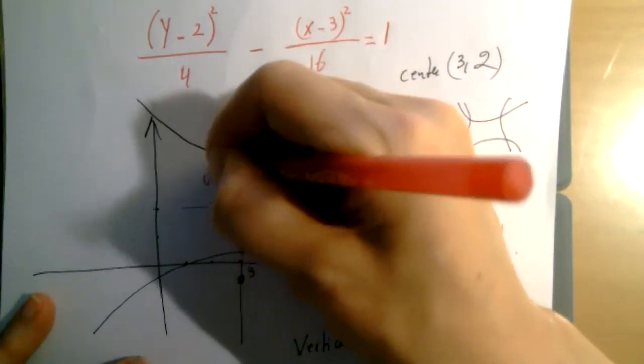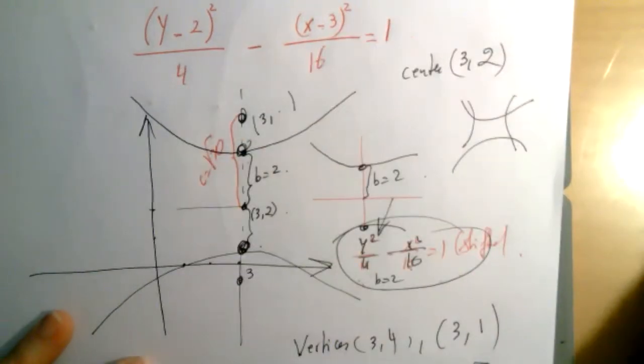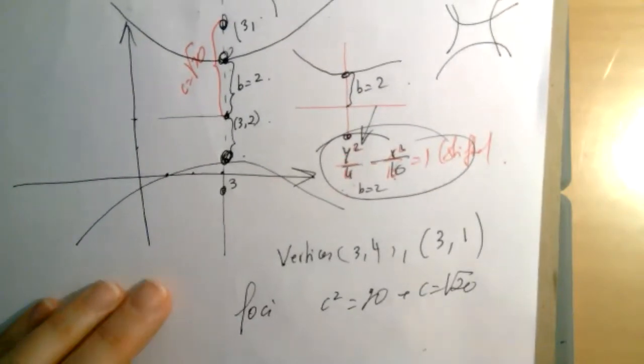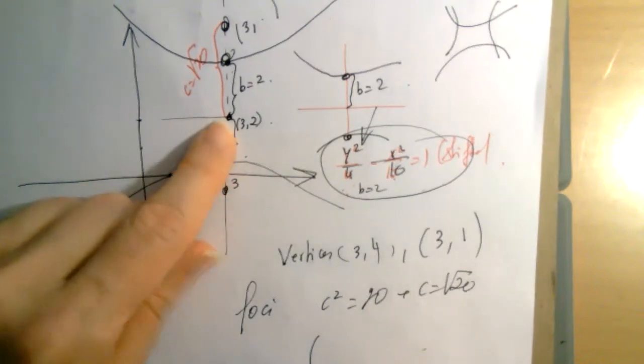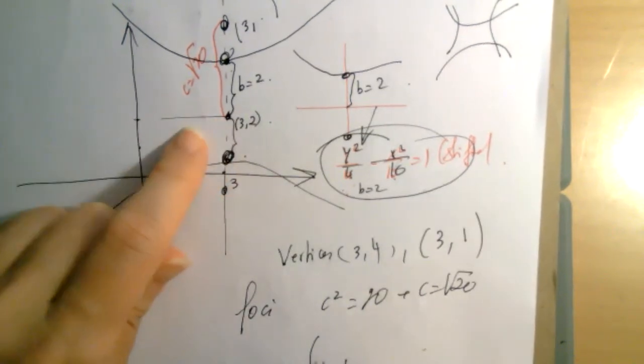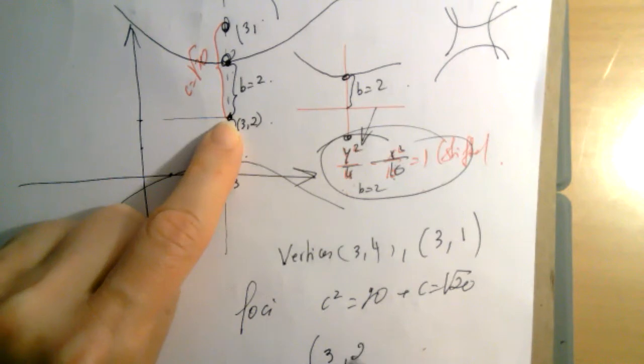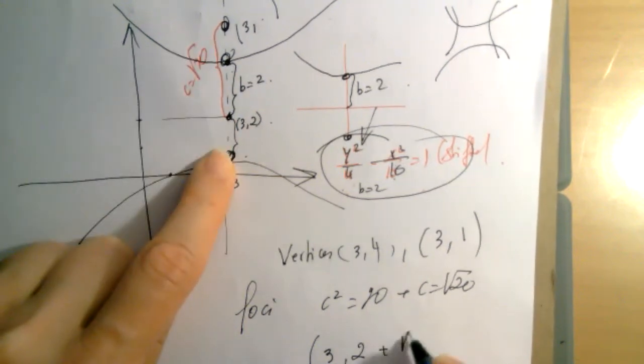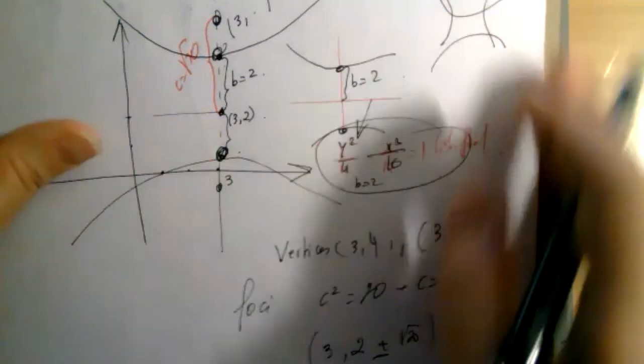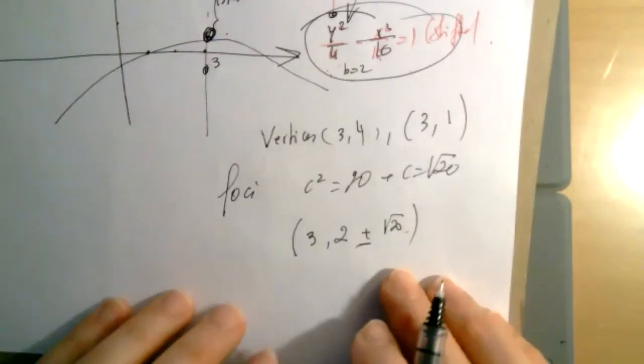This is my C, which is the square root of 20. So the foci are going to be, I am at 3. So this is a 3 right here. It's a 2 plus the square root of 20 and 2 minus the square root of 20. Those are the foci.